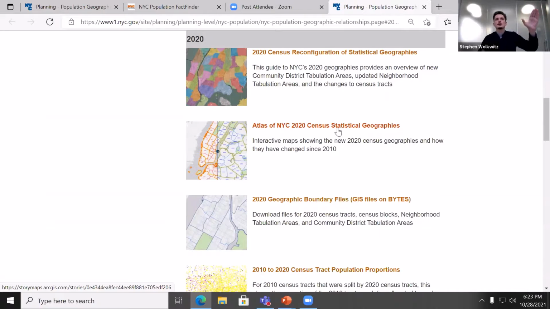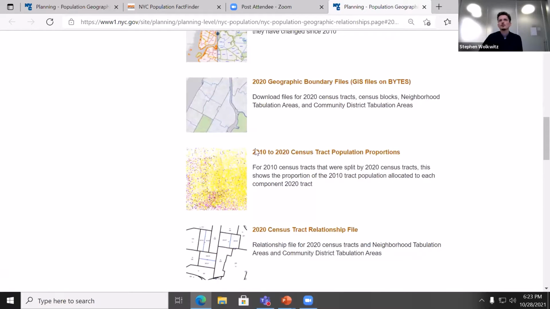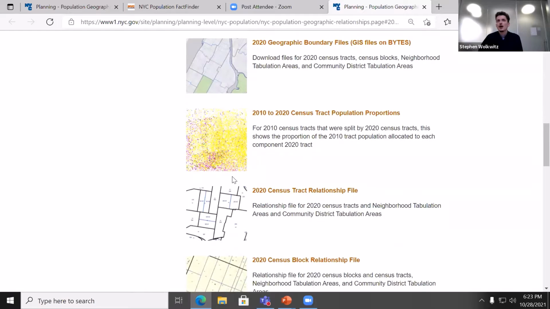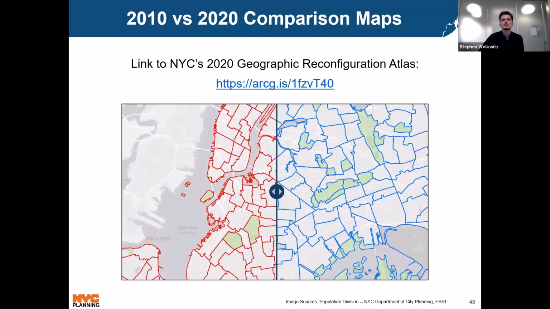You'll see a slider bar, and you can move it across the map and see the 2010 boundaries change to the 2020 in different colors. We've also posted 2010 to 2020 census tract population proportions and 2020 census tract and block relationship files, so that within 2020 you can know what tract relates to what NTA and what CDTA and so on. So, going back to the slides.